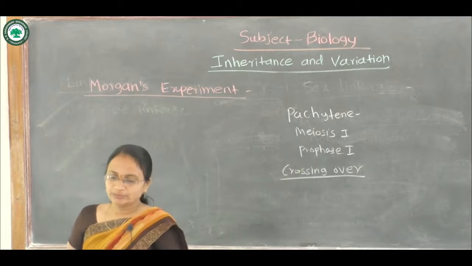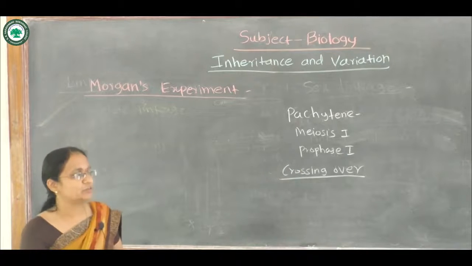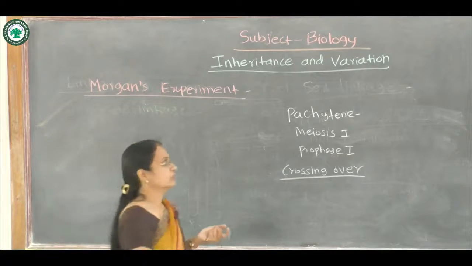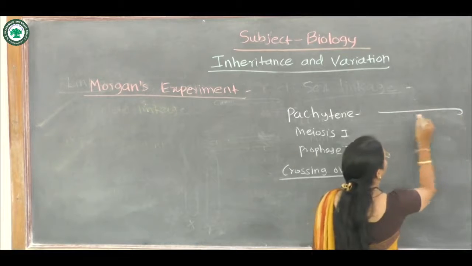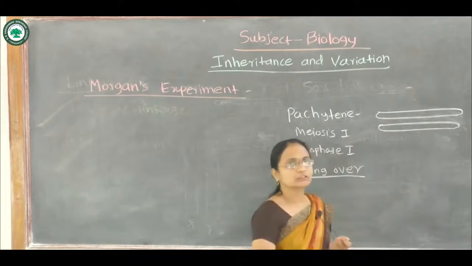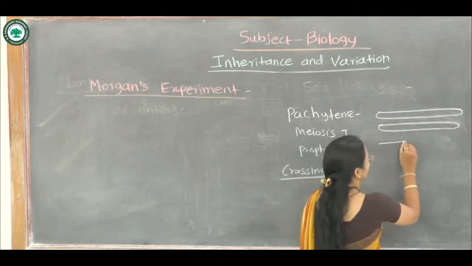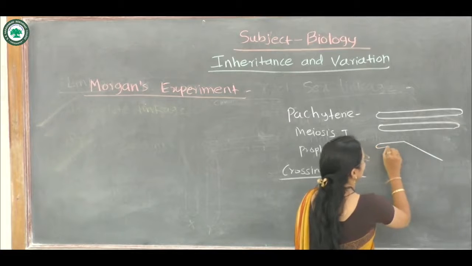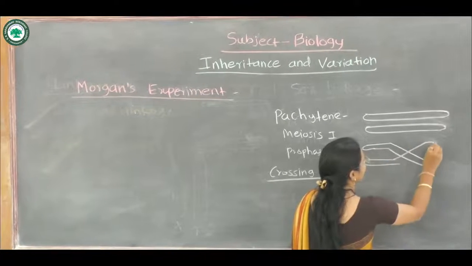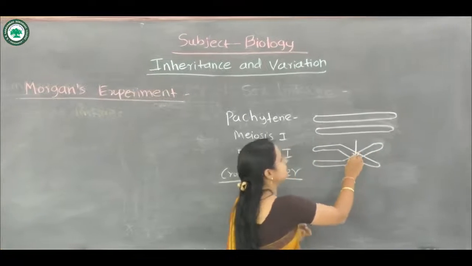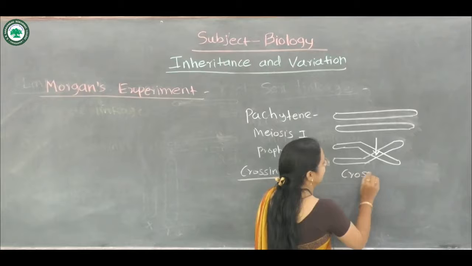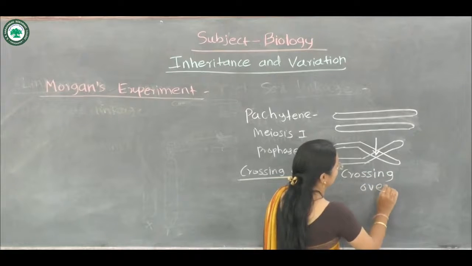Now this crossing over again shows synapse formation, tetrad formation, crossing over and terminalization. Suppose here a pair of chromosomes is there, and this pair of chromosomes undergoes exchange of genetic material, where the crossing takes place between them, and at a specific point the genetic material gets exchanged, and at that point crossing over takes place.